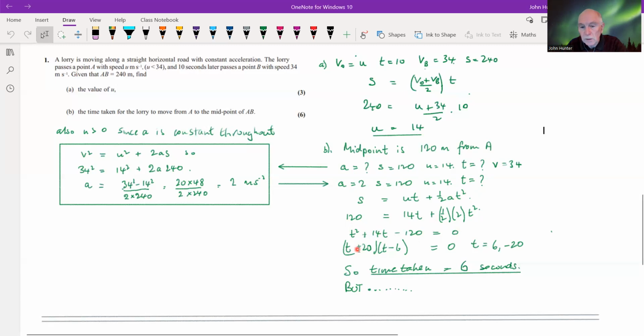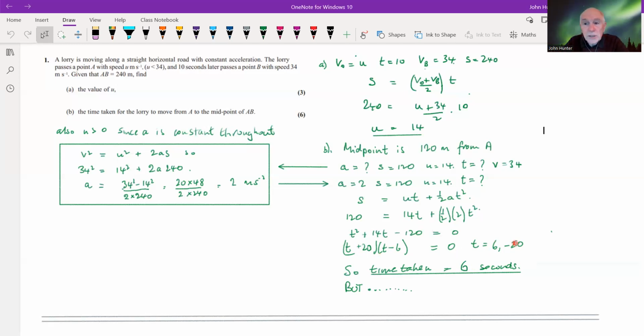So we need to factorize that, and that's t plus 20 times t minus 6 equals 0. It's going to give us t equals 6 or minus 20. So in the context of this question, the time taken would be 6 seconds, because minus 20 is before the scope of the problem.